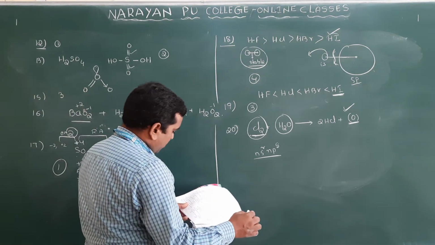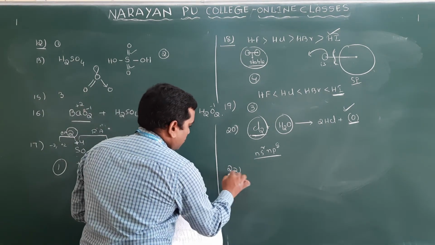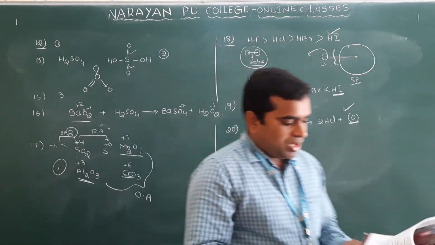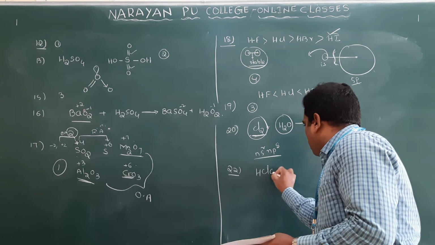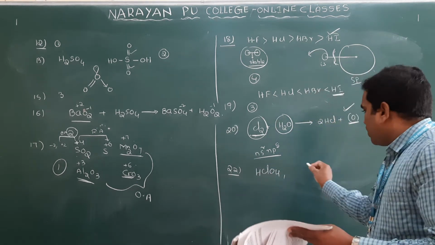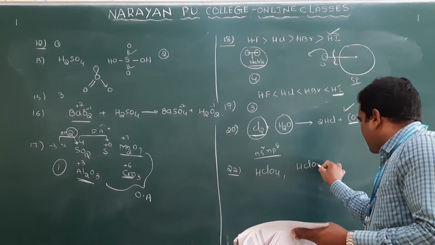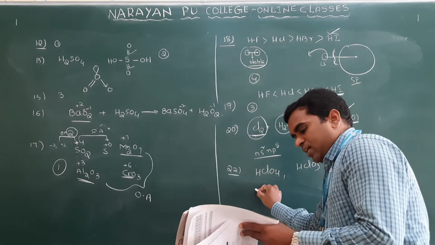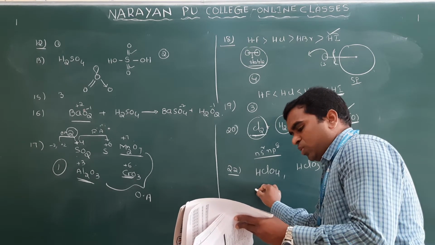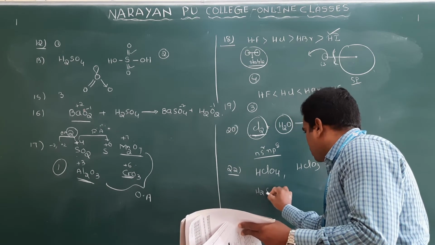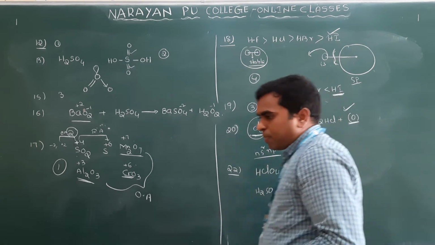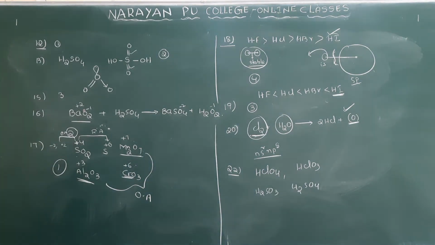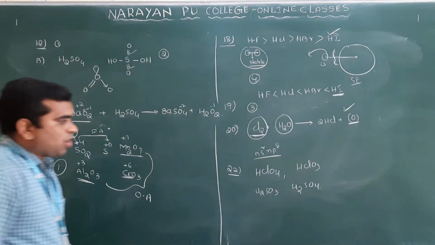Question 22. Which of the following is the strongest acid? They have given HClO4, HClO3, H2SO3 and H2SO4. Clear? So they have given sulfur oxoacids and chlorine oxoacids.